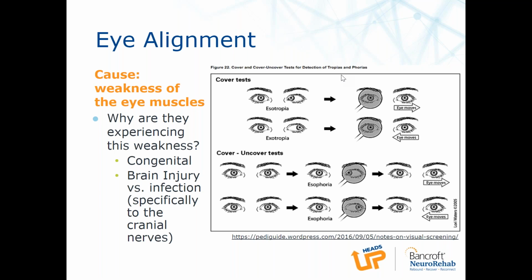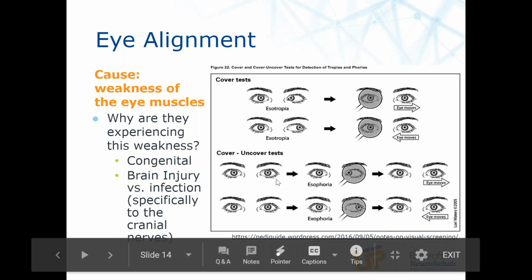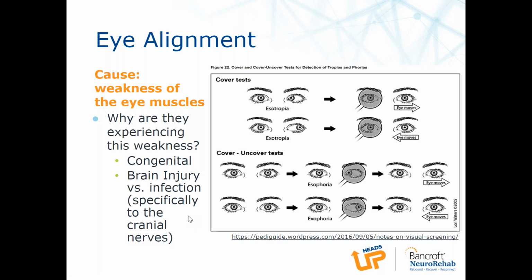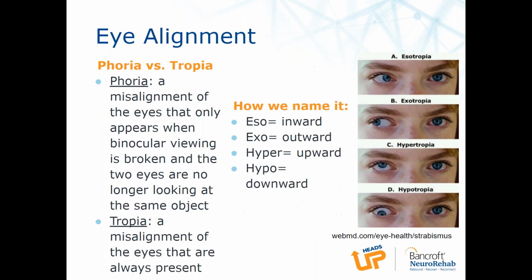It's much easier to identify. I just need to figure out how I'm naming it, and that's what I'm doing with that cover test. On the flip side, with this cover-uncover test, you'll see their eyes in the starting position look relatively normal. So it's much harder to detect, and it takes a more skilled eye to really see what exactly is the trouble and how we're going to name it.